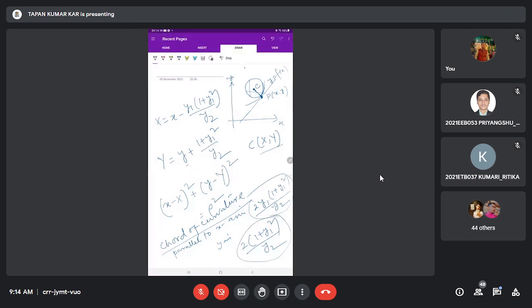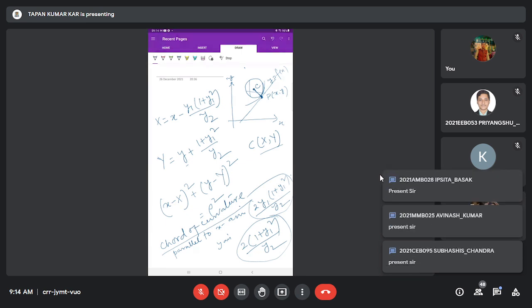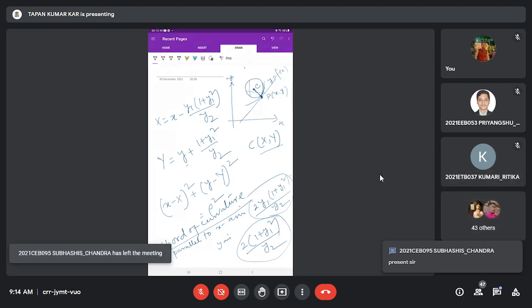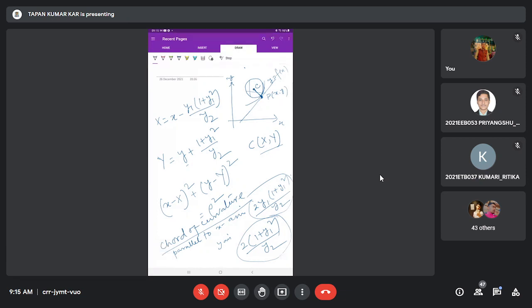So you should remember these formulas. If any small problems are given based on the center of curvature or circle of curvature, or if the question is to find the length of the chord parallel to the x-axis or y-axis, then you just use this formula and evaluate the length of the chord.